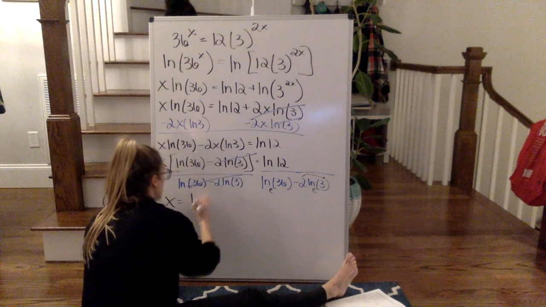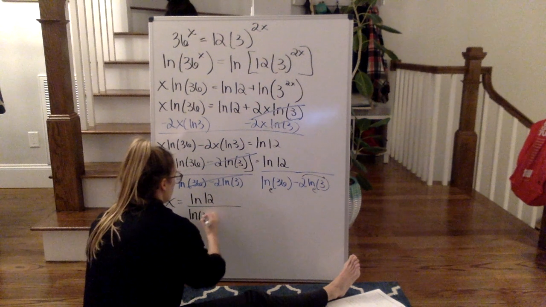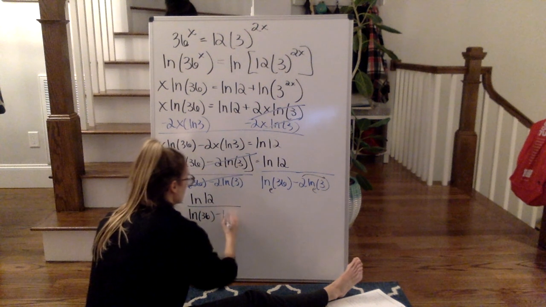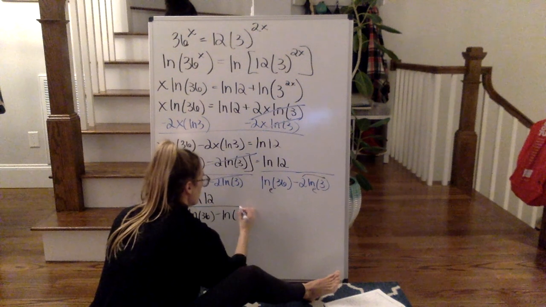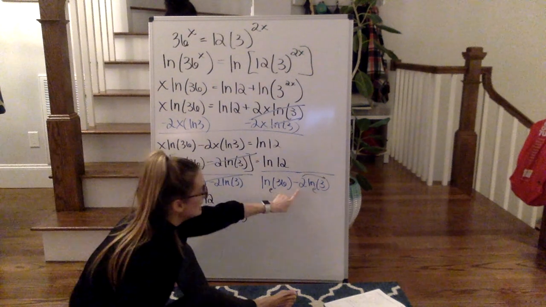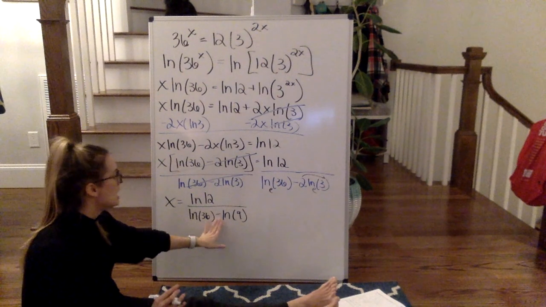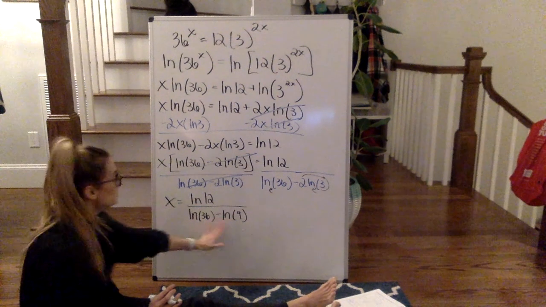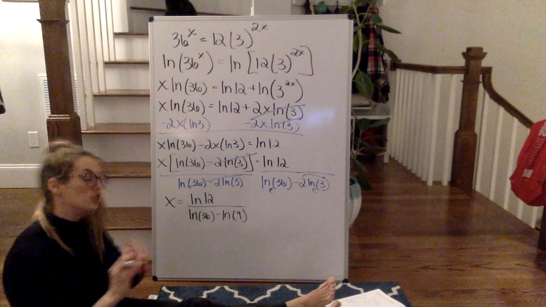So here's what I have right now. I have the ln of 12 divided by the ln of 36 minus the ln of 3 squared, which is 9. Okay, now that I've gotten that leading coefficient back inside of the log, turned it into a power, I have subtraction of two logs with the same base, turn it into division inside of a single ln.